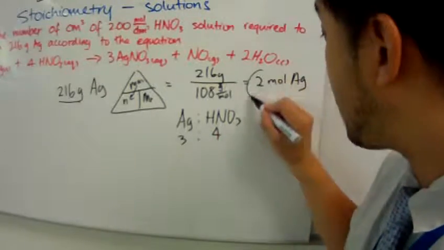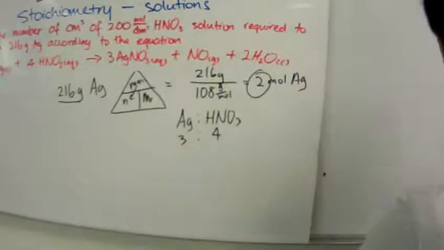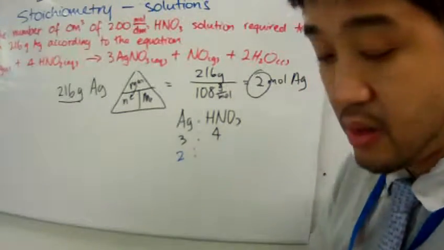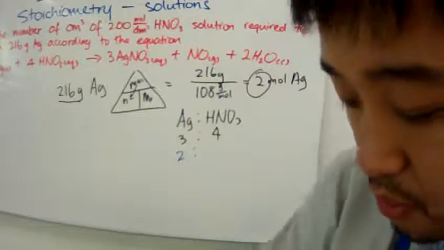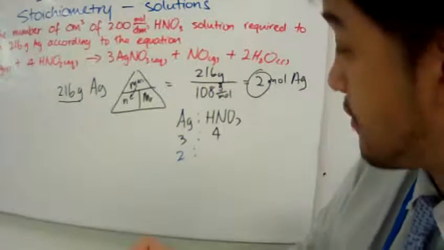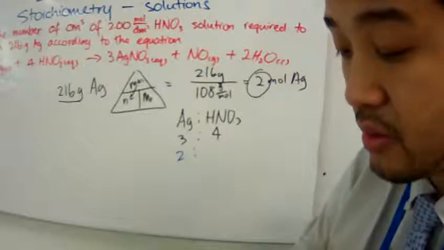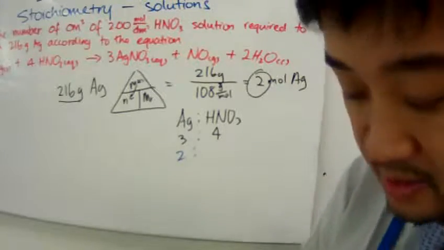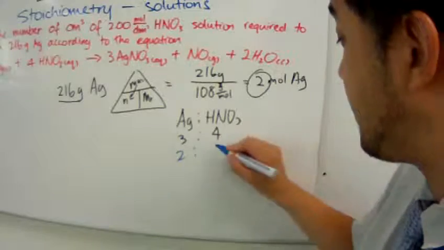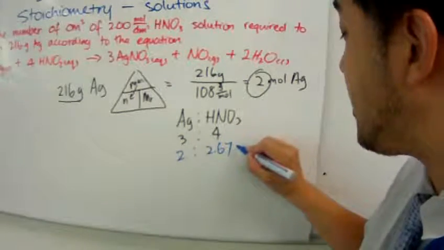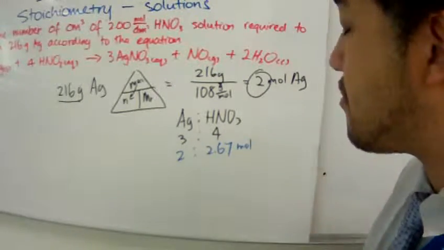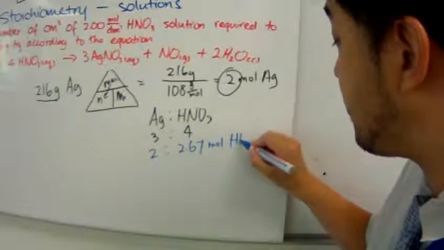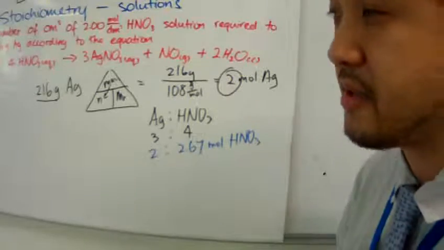And from our question here, we have determined that the moles of silver was 2. So what amount of nitric acid do we have? We take 8 divided by 3, and that should be 2.67. So we have calculated that the amount of nitric acid needed is 2.67 moles.